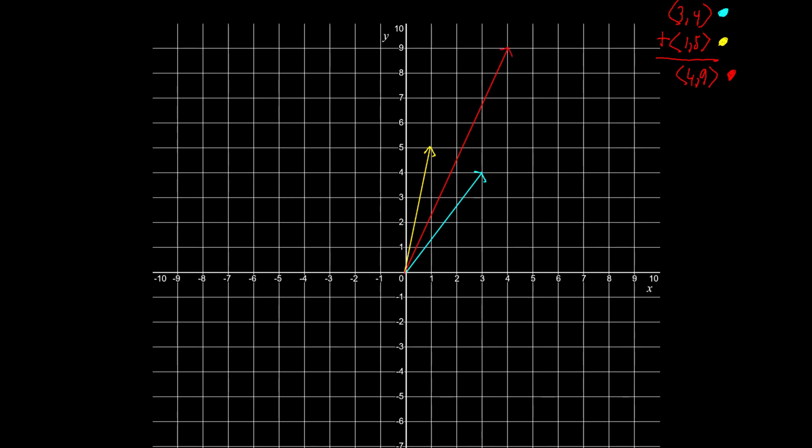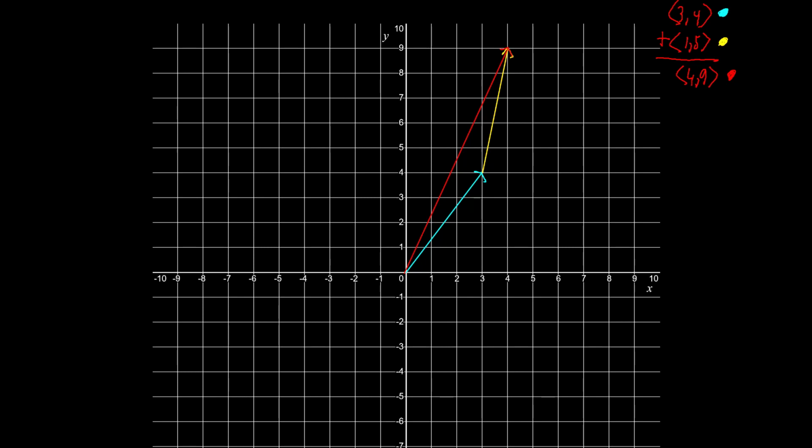Now watch this. What this means graphically is your choice. It doesn't matter which one you do. But if you come over here and you select this vector here, and if you drag it so that its tail, where it starts, is at where the other vector ends, it's the exact same thing.